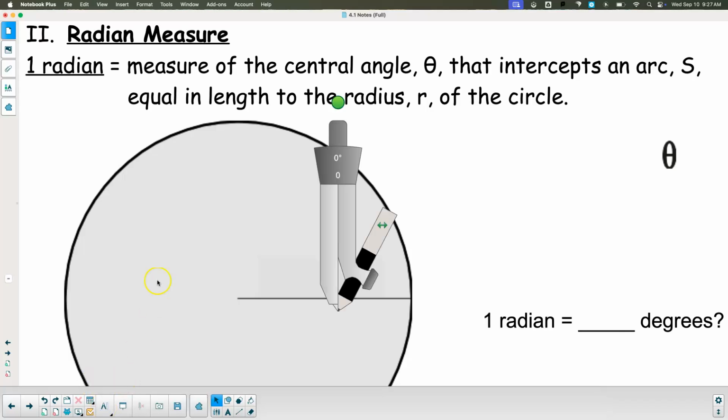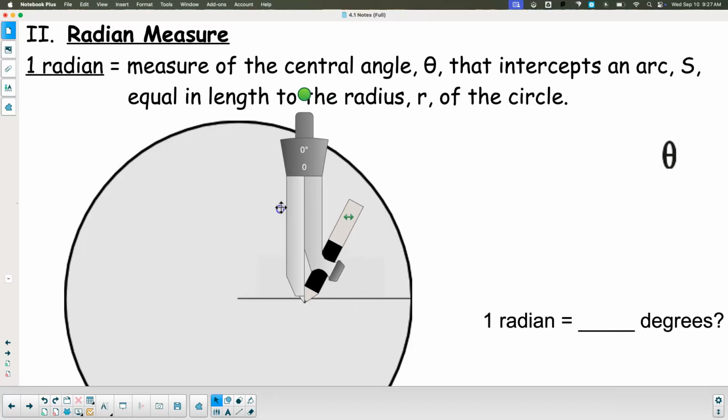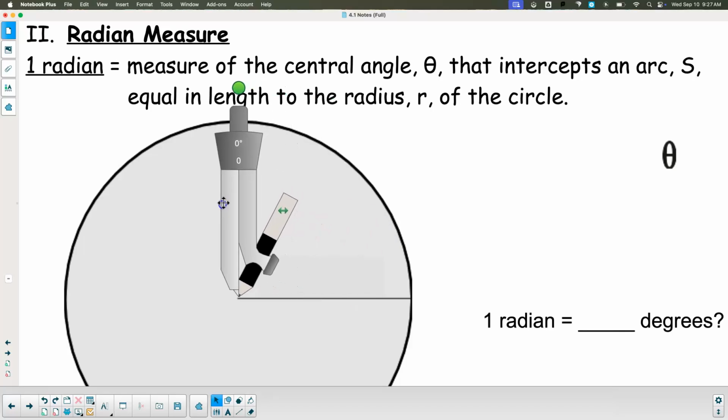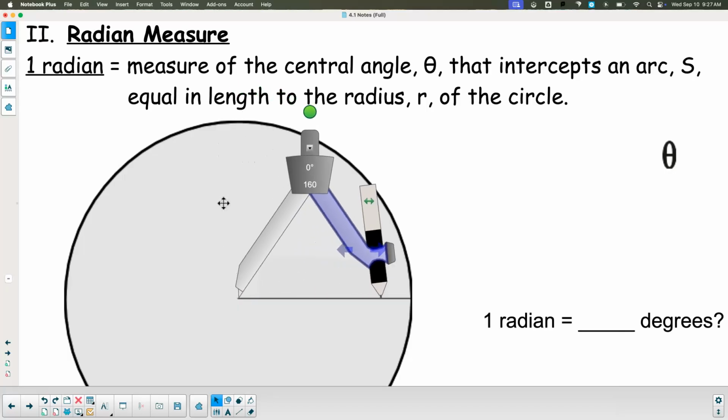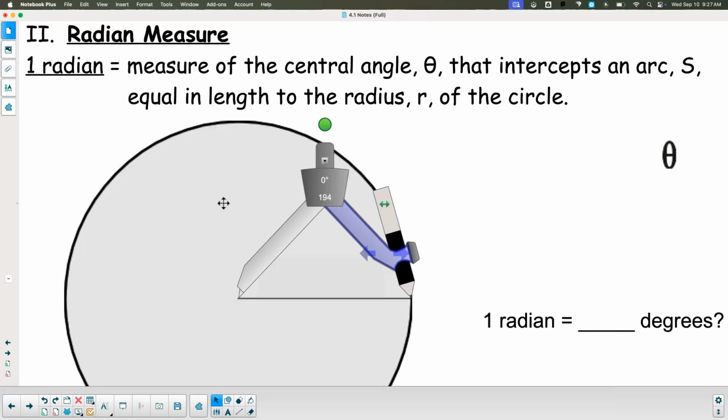Truly, a compass is a measuring device. It is not just a circle maker. A compass is actually better than a ruler. And so what it does is it measures that length of that radius.